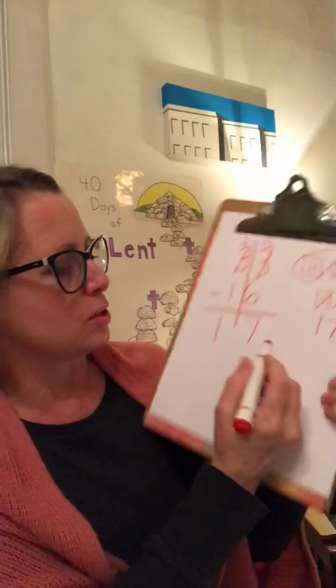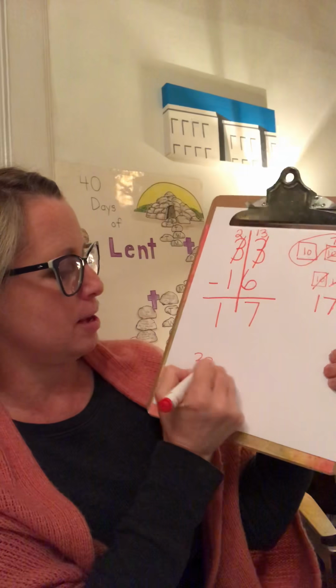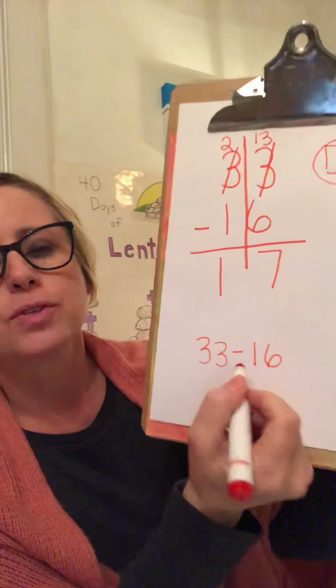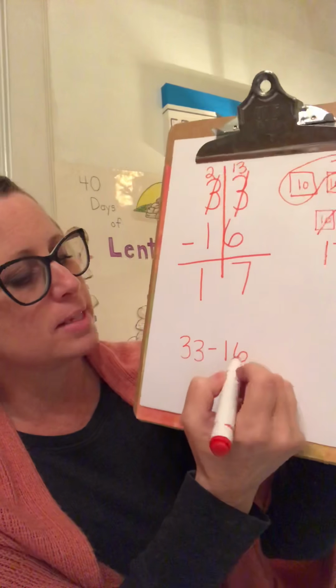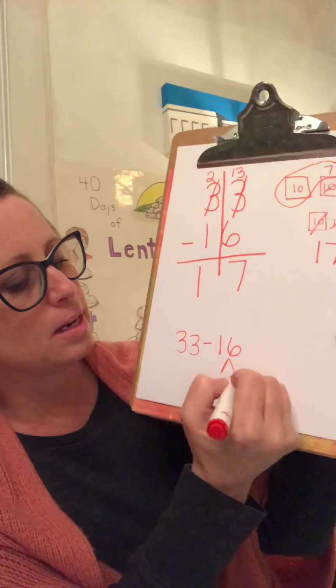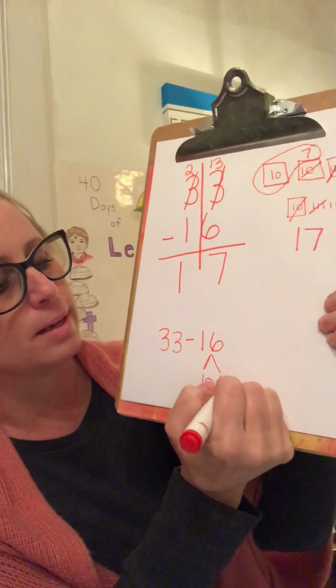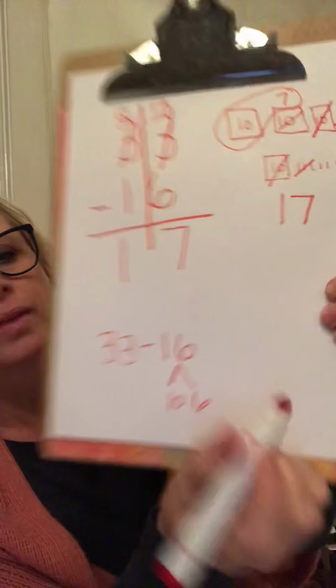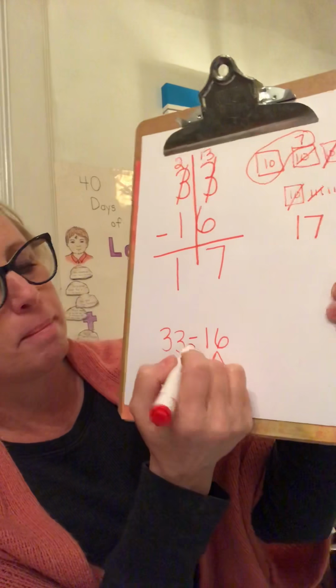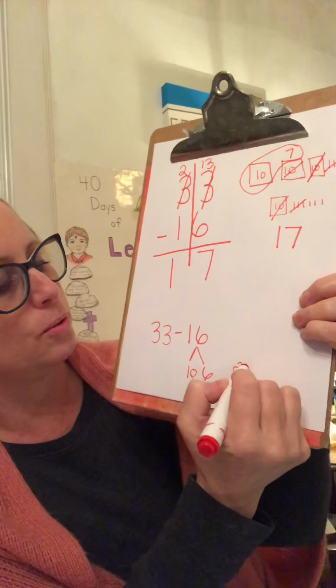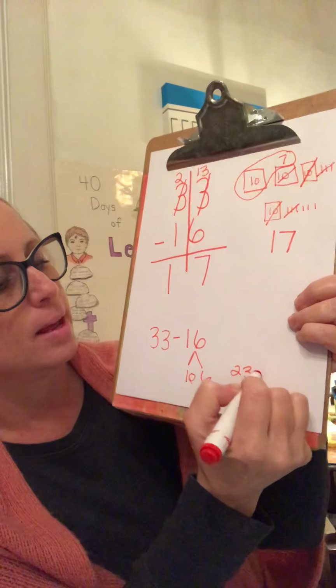Another way that you could do this is 33 minus 16. So you know, we're going to break this down. 16 is a 10. Remember when we did this? And a 6, right? So 33 minus 10 is 23.